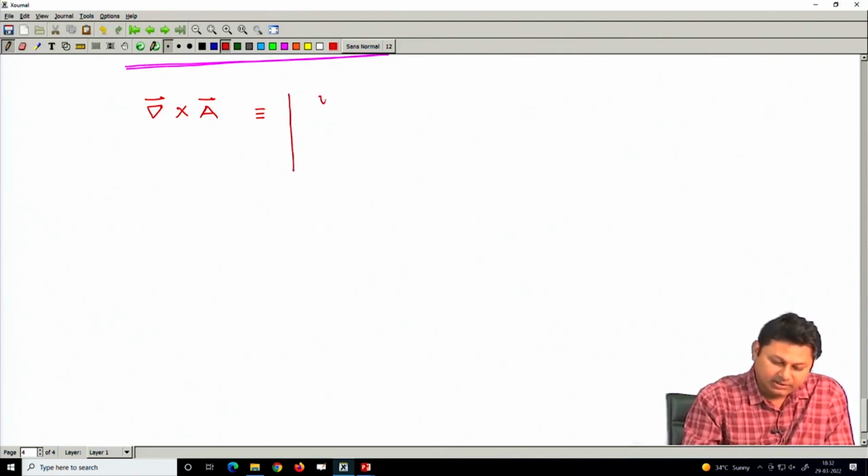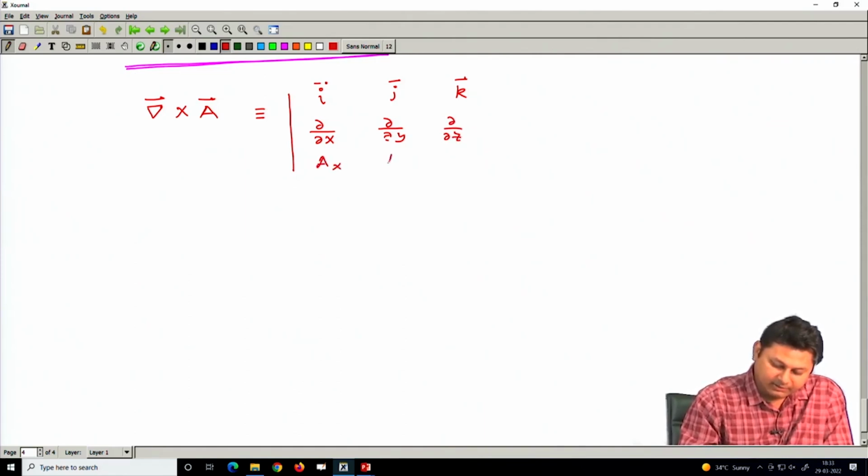Here I put the unit vectors i, j and k. Here it will be the operator del x, del y and del z, and finally I have the components of the vector field Ax, Ay, Az.